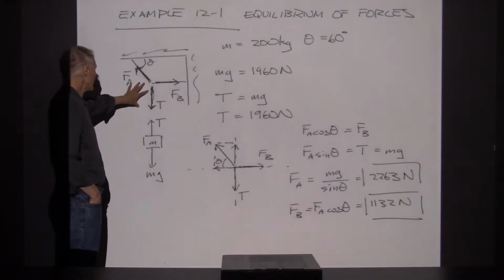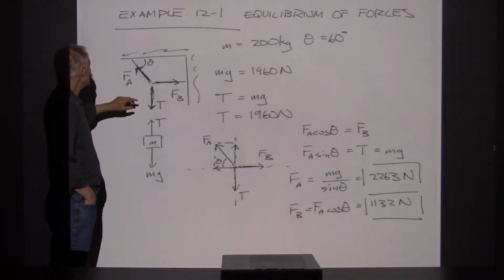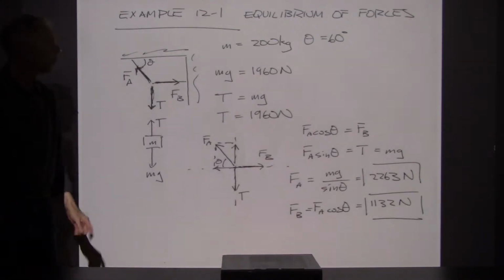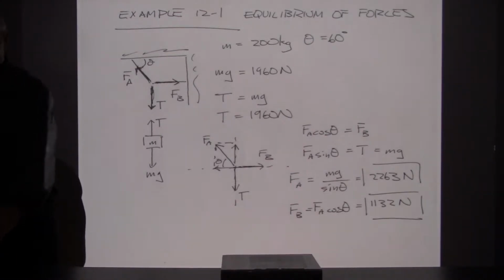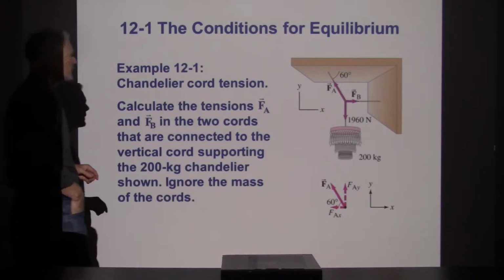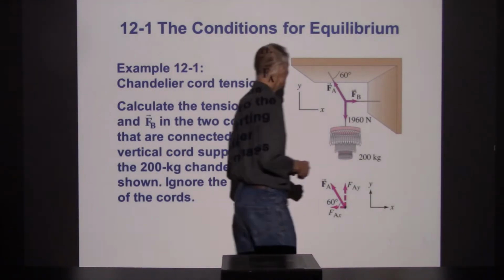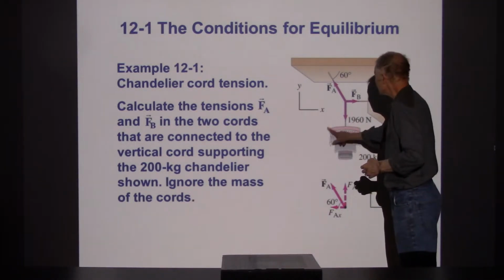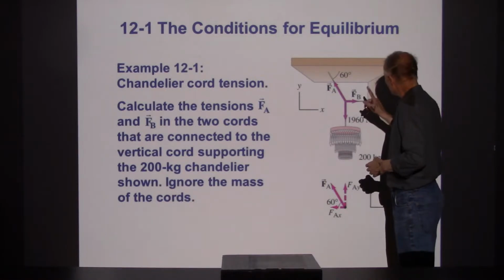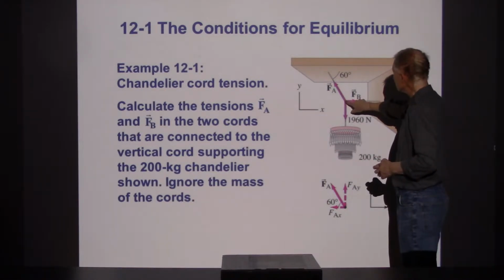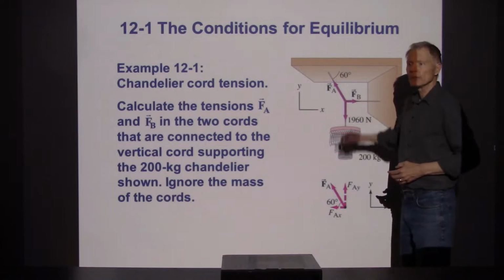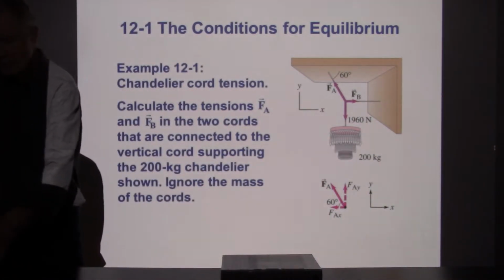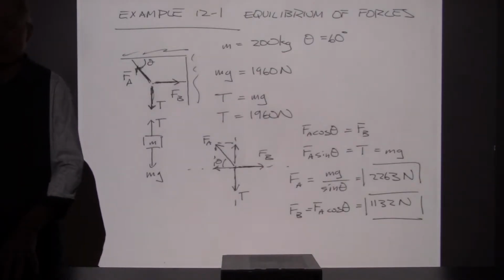Here is a force diagram acting on nothing, sort of. If we go back and look here, we can say, what objects could we look at to try and analyze what the forces are going to be? Well, we could isolate the chandelier, and we'll do that. But the second point we're going to isolate is where all the cables come together. Now, there's no object at that location, but it's still a point where we can go in and analyze forces.